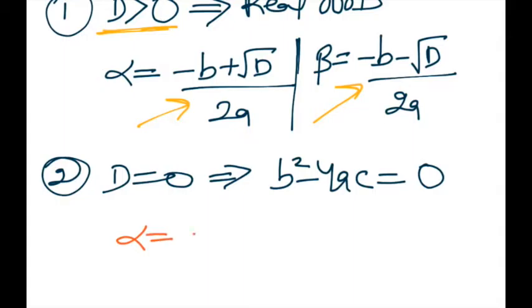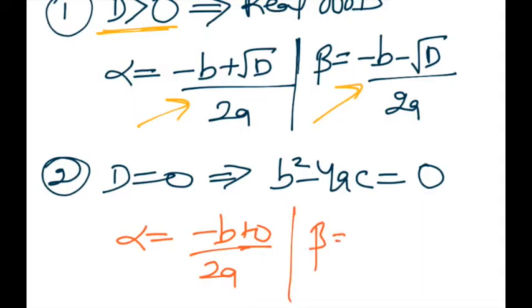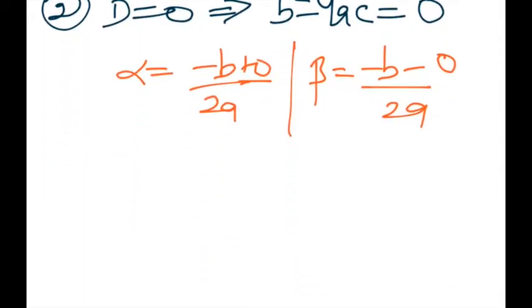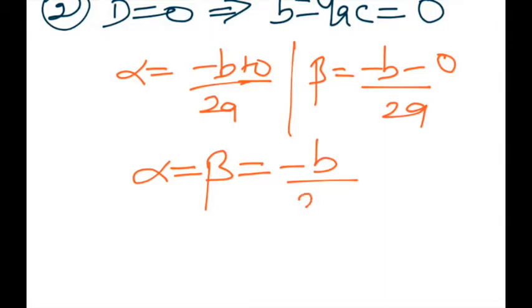Alpha becomes minus b by 2a, and in this case alpha and beta both are equal, and they're equal to minus b by 2a.